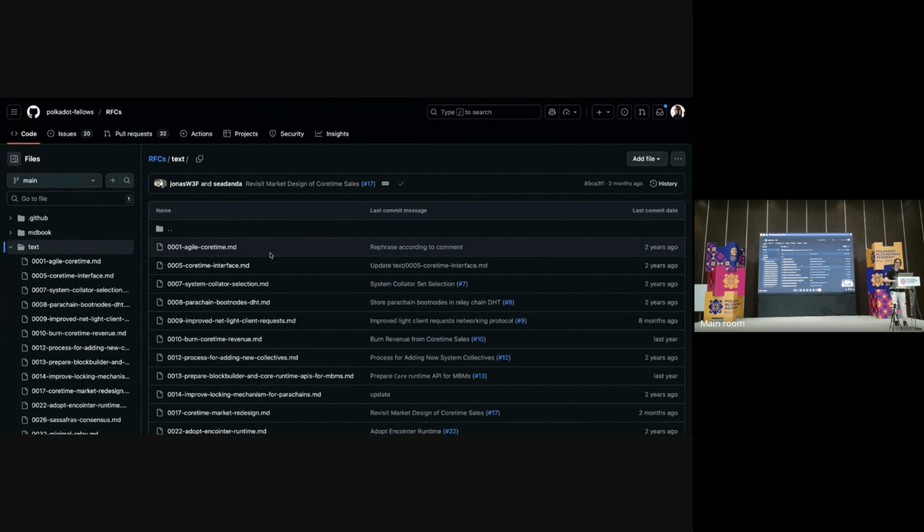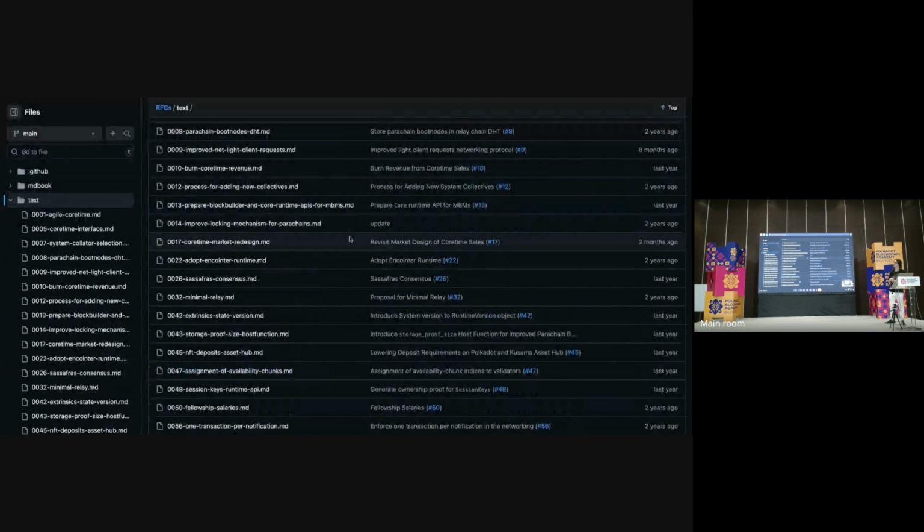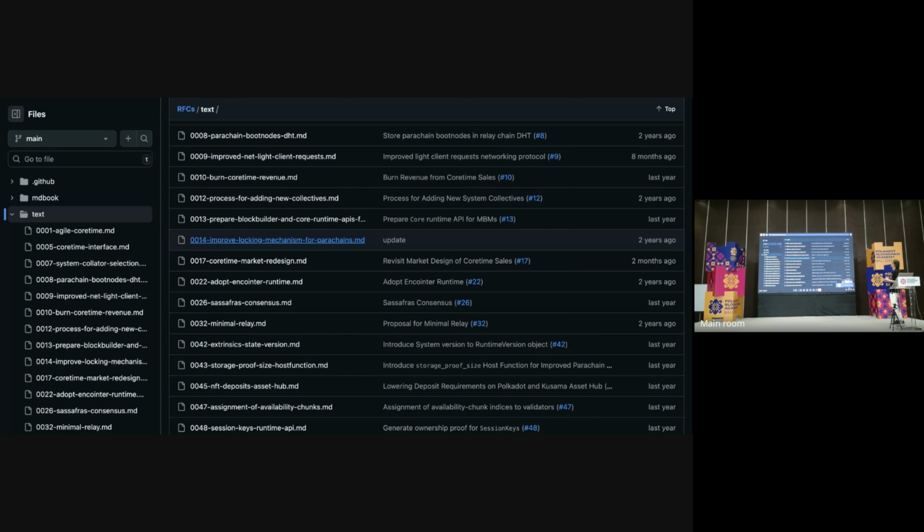And we have the RFC number 1, which is the Agile Coretime, which is the original design. And we also have RFC number 17. Let me scroll up. RFC number 17, maybe I'll make it bigger as well. RFC number 17, which outlines the new redesigned market model with a few changes compared to what I was talking about a moment ago.